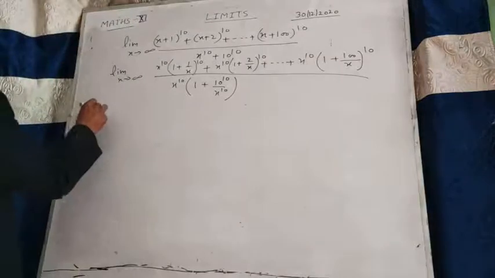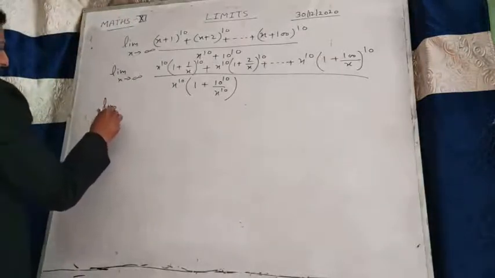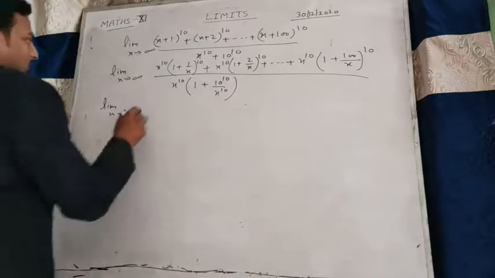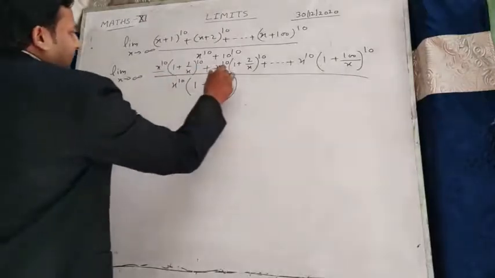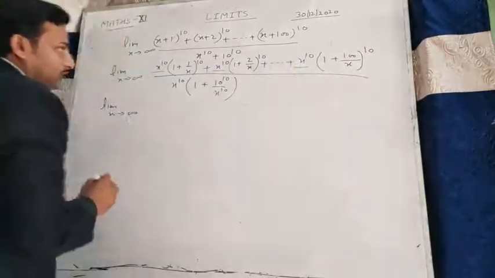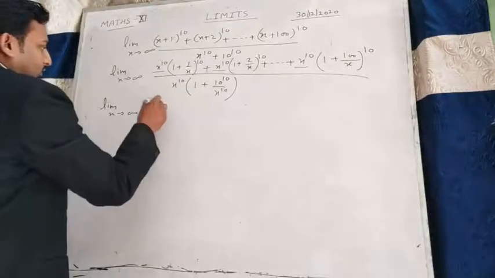Okay, student. Now, limit x tends to infinity. We are seeing that x to the power 10, x to the power 10, dot dot dot, x to the power 10. So we take x to the power 10 outside.